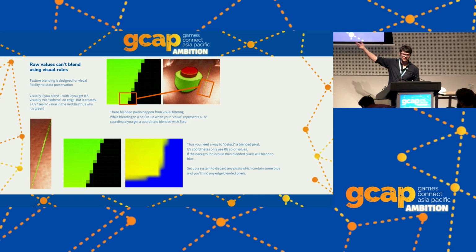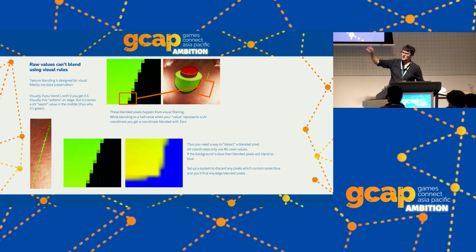Really easy solution though. I want to know which pixels are going wrong, and a dark value is giving me a number that's incorrect. So I want something instead. So what I do is I splat it on top of a blue texture. The reason why I do that is because I'm not using blue. I don't need blue, and so in all of my texture, there should be no blue.